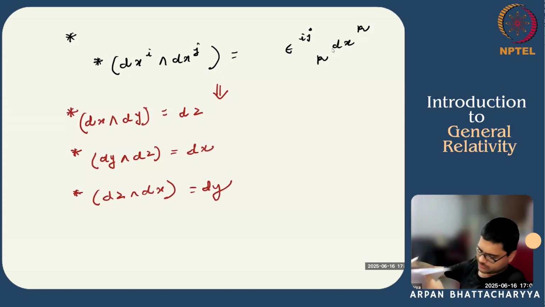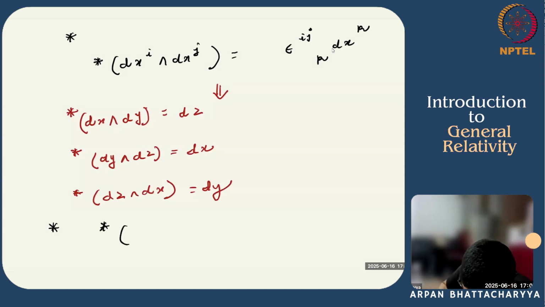Now from this, one can also show that the star of the 3-form, dx wedge dy wedge dz, is nothing but 1.